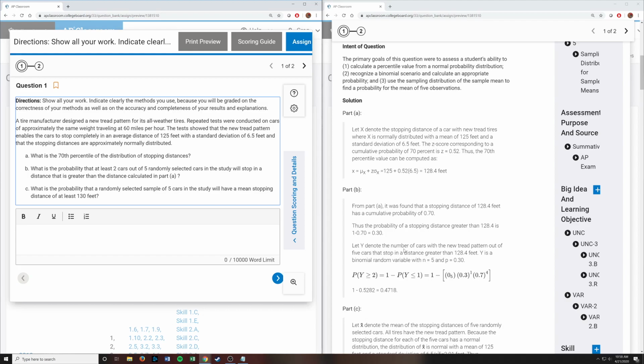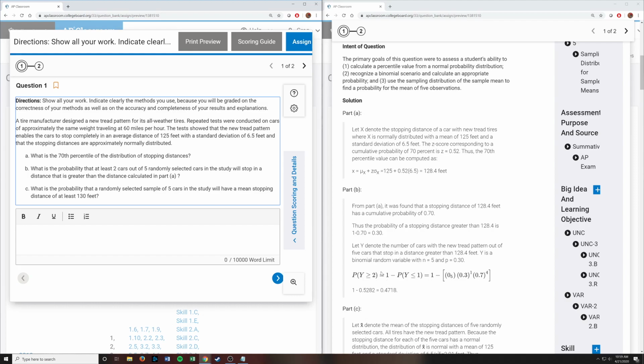This time, y is the number of cars out of 5 that can stop greater than 128.4 feet. And y is binomial, and they specify n and p, which are the parameters for a binomial variable. Instead of mean and standard deviation, for binomial, it's going to be n and p. And so they put the probability that that is at least 2, greater than or equal to 2.